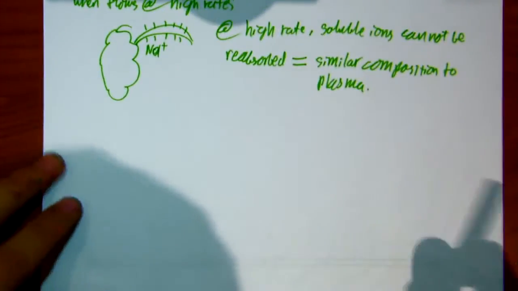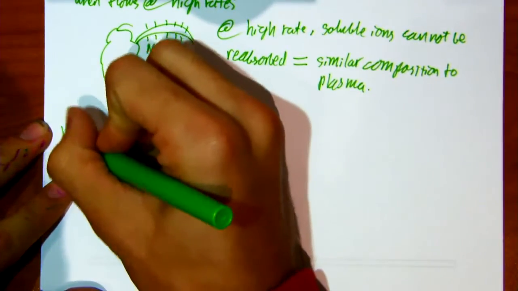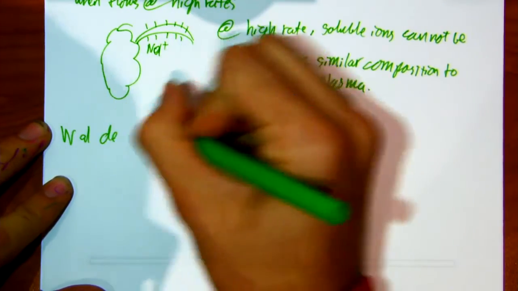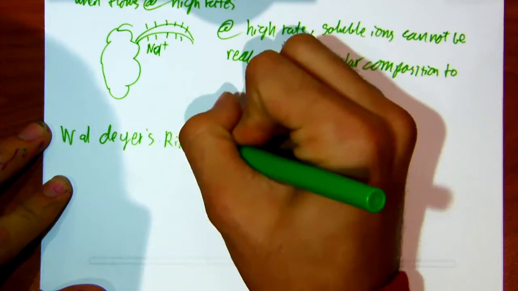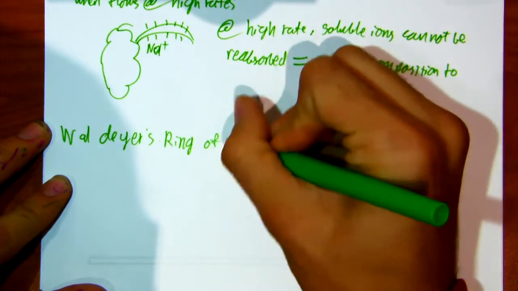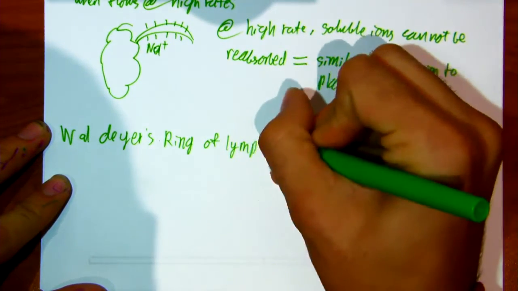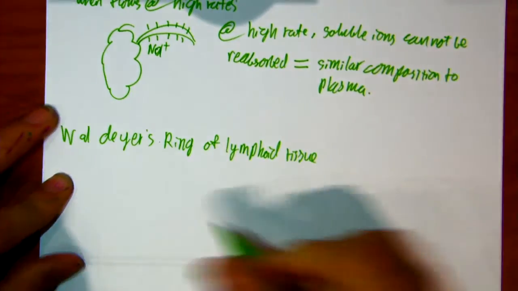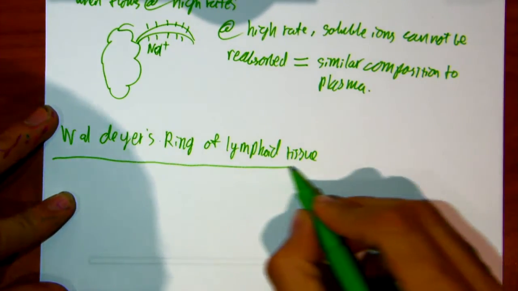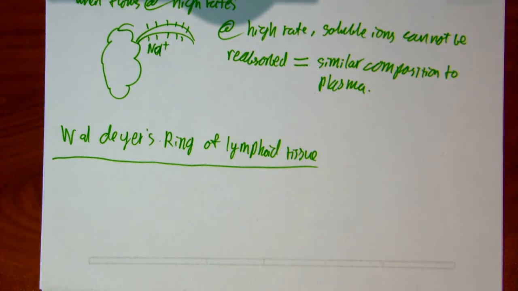Staying relatively in the same area, we're going to talk about Waldeyer's ring. Waldeyer's ring of lymphoid tissue is referred to as the protective ring, or the barrier.